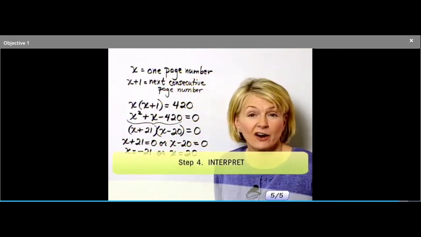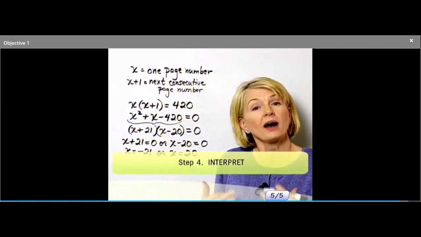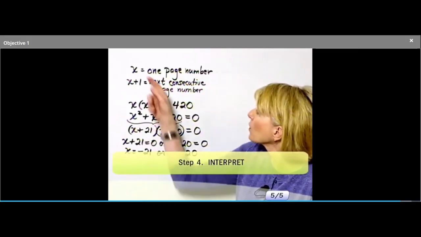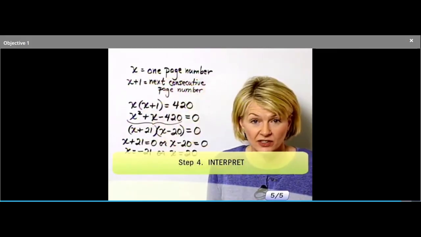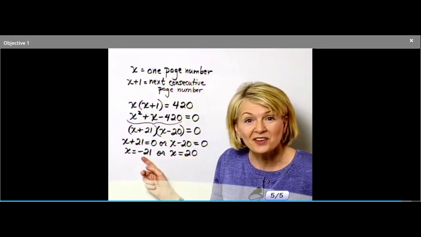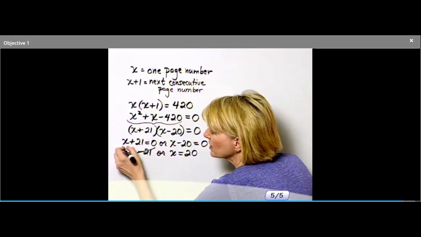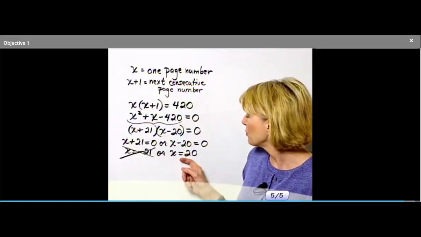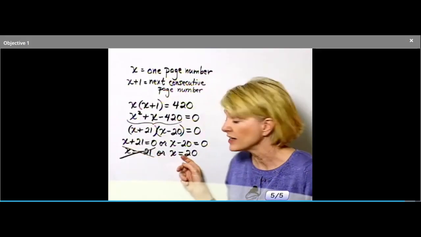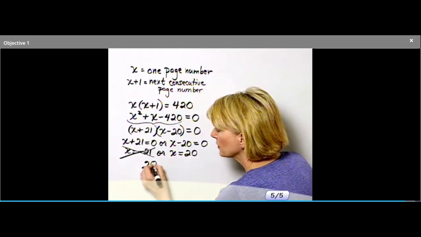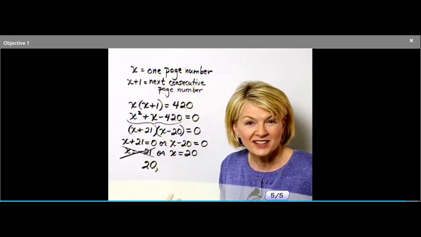Now, these are not our two page numbers. These are possibilities for x, which is one page number. I will not use negative 21 as a page number because we're assuming our page numbers are not negative. I will, in fact, use 20 as one page number. So then what is the next page number?